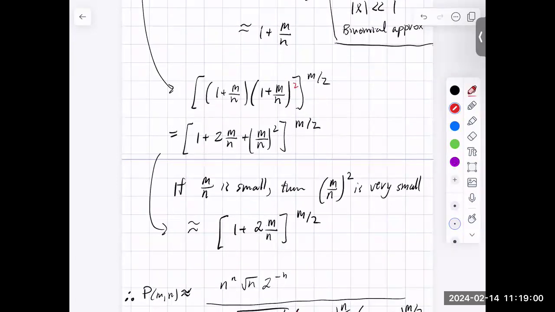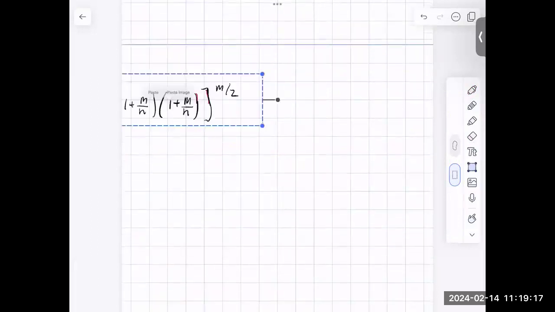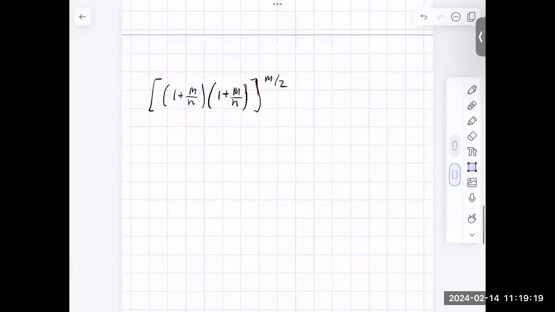Yes. So let's see what would happen if we did that. It would be less approximation. Let's see. What I think you're suggesting is, let's take this, copy it over here. So this should be equal to 1 plus m over n to the power m, right? Yeah, that's right.